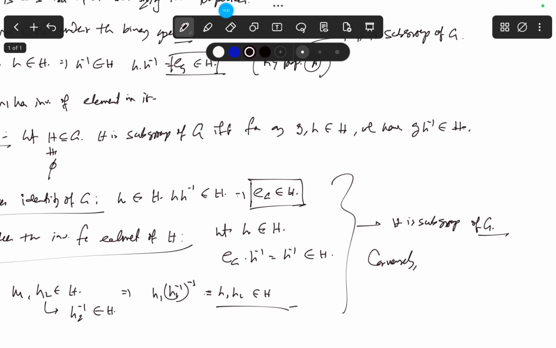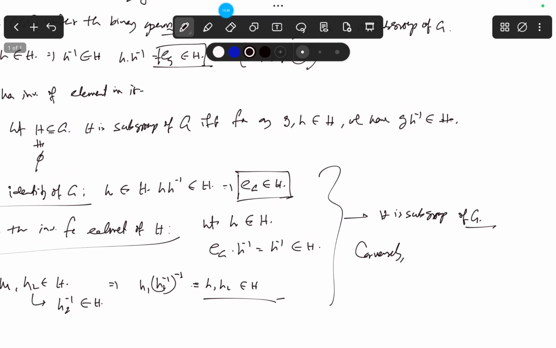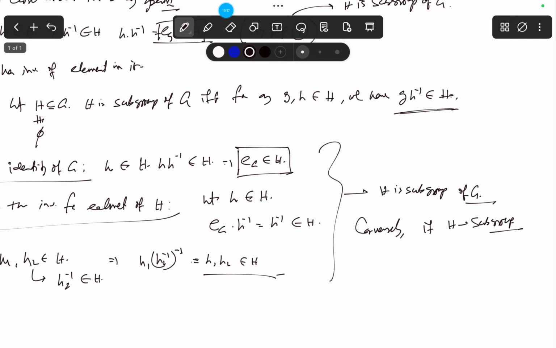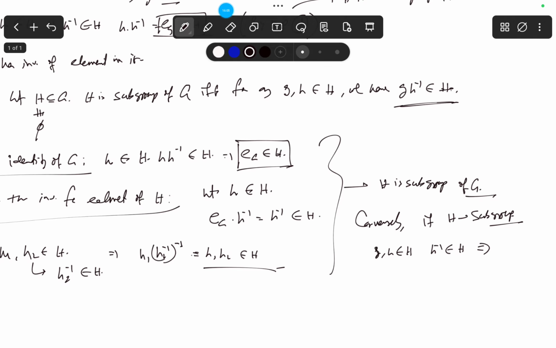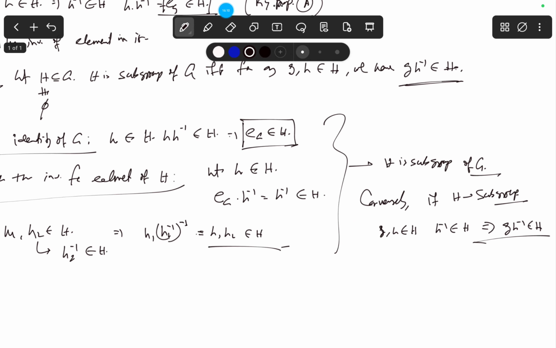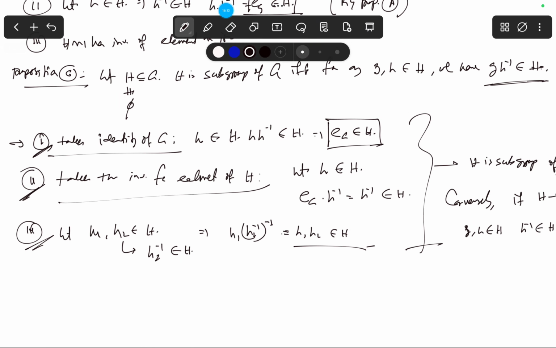Okay, and conversely, suppose H is a subgroup. Then of course g h inverse will be in H for all g and h in capital H, right? Because if we take g, h in capital H, then of course we have h inverse in H. Then by closure, we have that g h inverse is in H. Okay, that's why the property is an if and only if condition.